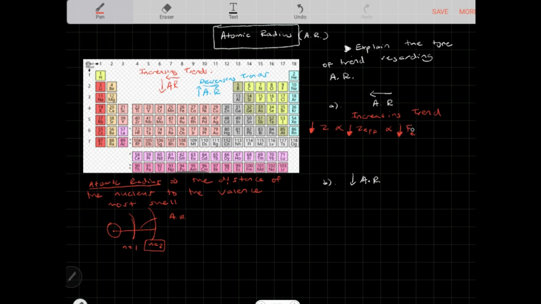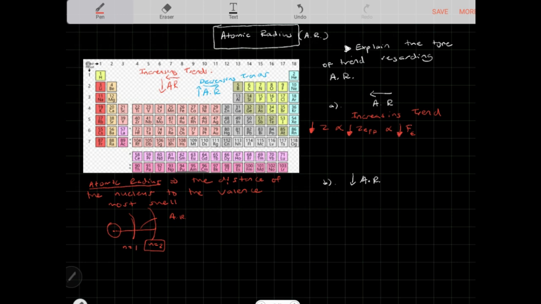Specifically, we're going to be looking at the valence electrons, because the size of an atom is based on the electrons and where you find them. If the size of the atom is large, that means the electrons are spaced a lot further away from the nucleus, and vice versa.